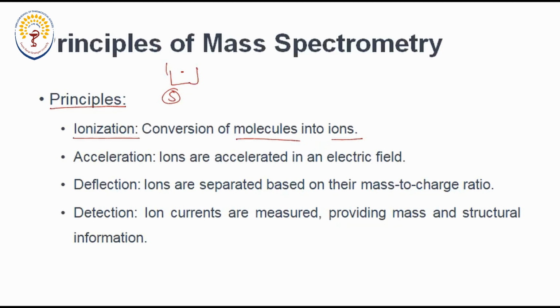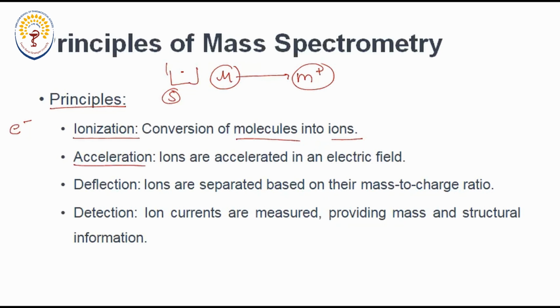This organic compound is in the unionized form, and we will first convert it into ionized form. Particularly we are interested in positively charged ions. Ionization can be done by electron impact. A beam of electrons is bombarded onto the sample and converts the molecules into ions.